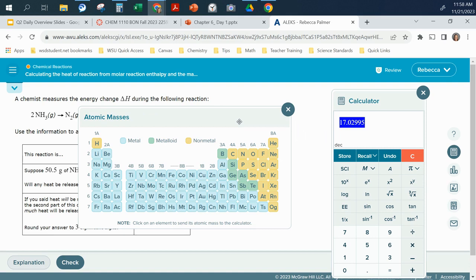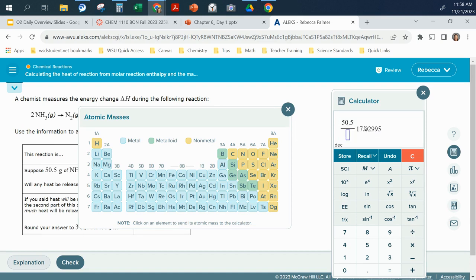So we're doing a grams to moles conversion, which will give us moles of ammonia. I'm going to put the number they gave me here and divide by the molar mass that I just calculated.